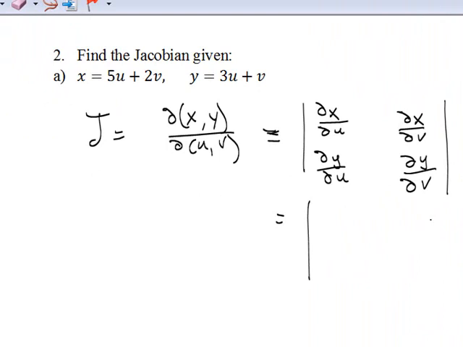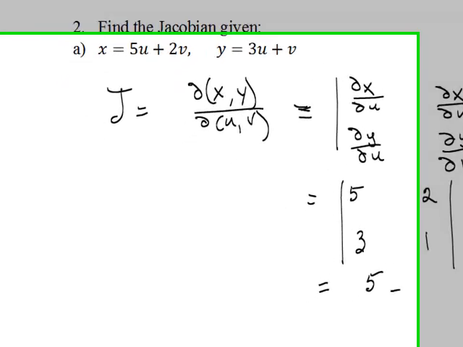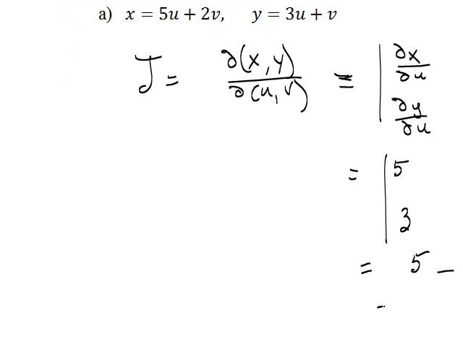Can you tell me what partial x, partial u is? 5. Partial x, partial v. Partial y, partial u. 3. Partial y, partial v. 1. Good. Now work that out. 5 times 1 is 5 minus 3 times 2 is 6. So this is negative 1.